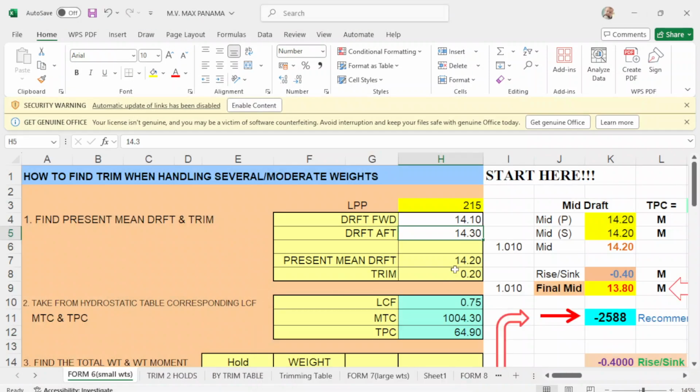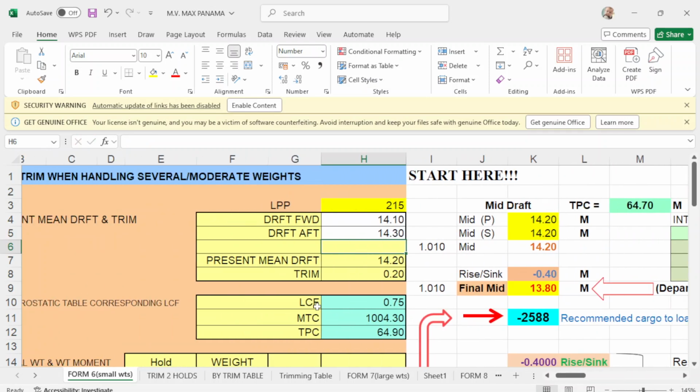Put here aft draft 14.30. Then you will have your mean draft here of 14.20 and your trim of 0.20 meters by the stern. Now take out this LCF, MTC, and TPC.